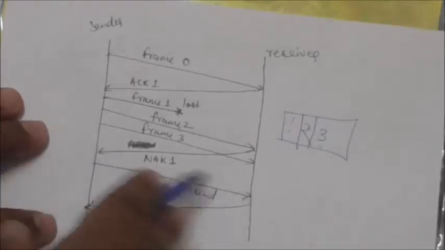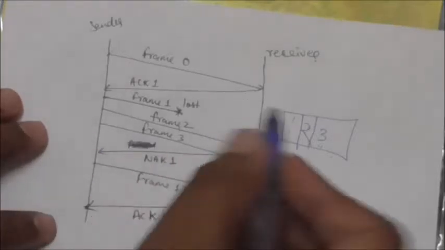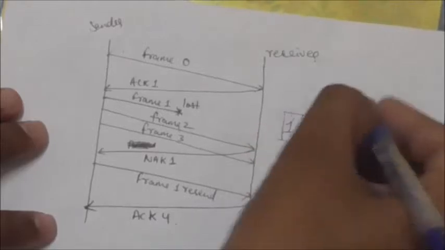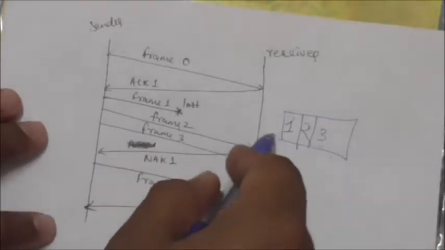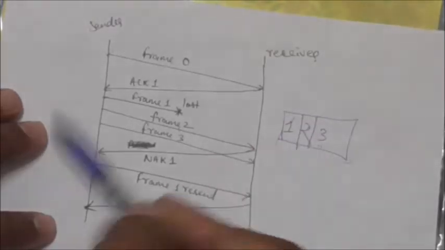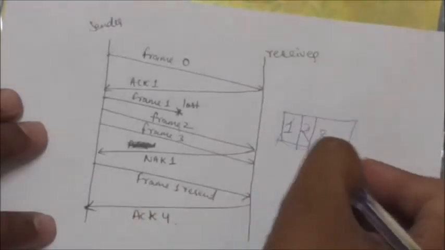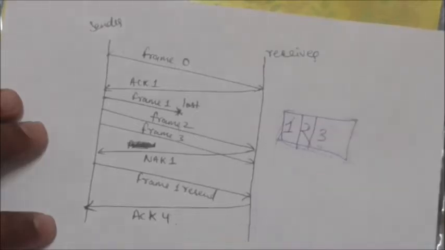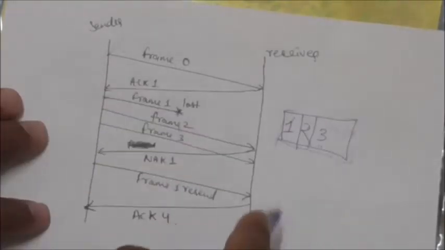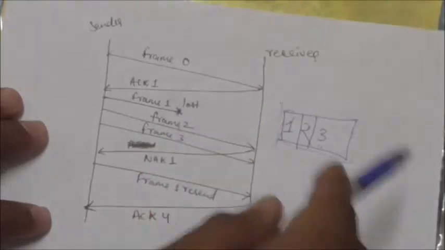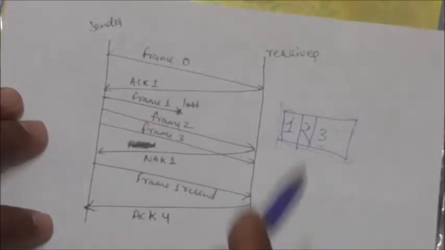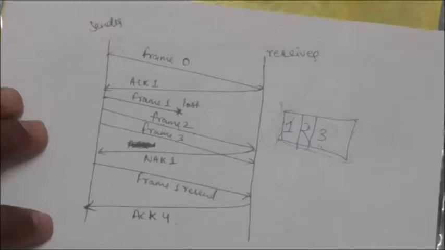When the frame with sequence number 1 arrives, both conditions are satisfied and these 3 frames can be sent to the network layer. After they have been delivered, the receiver can send the acknowledgement.